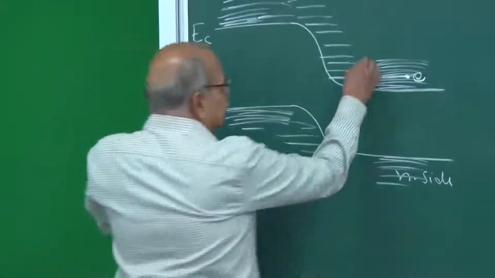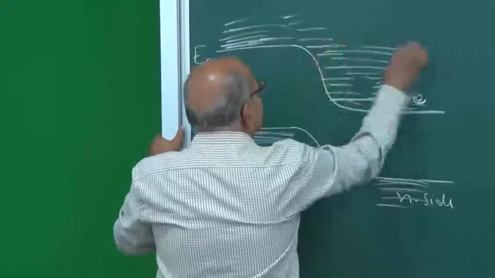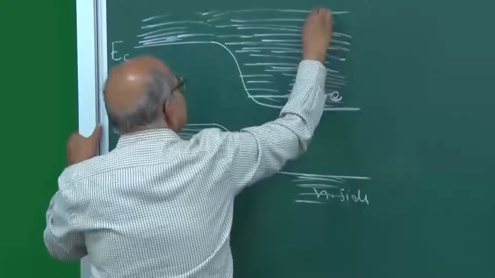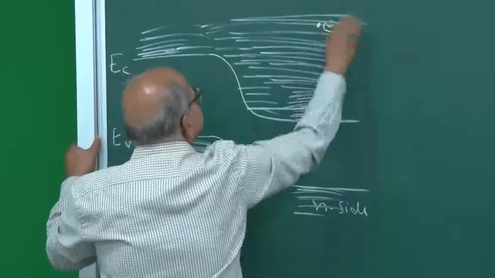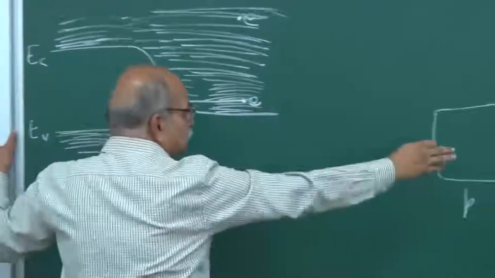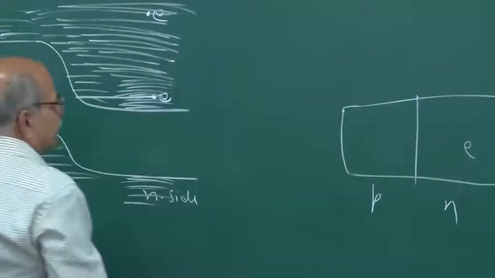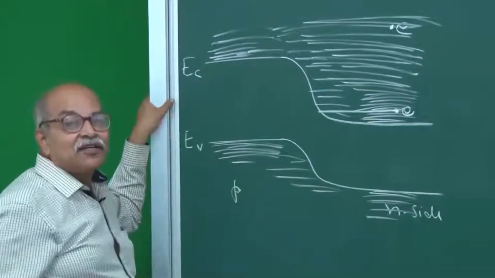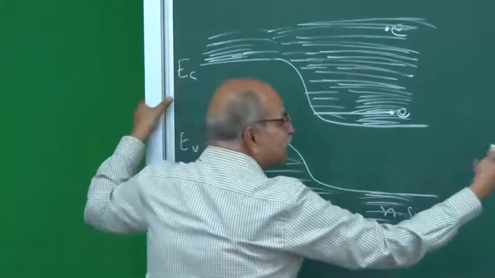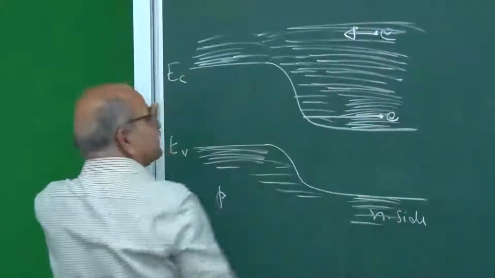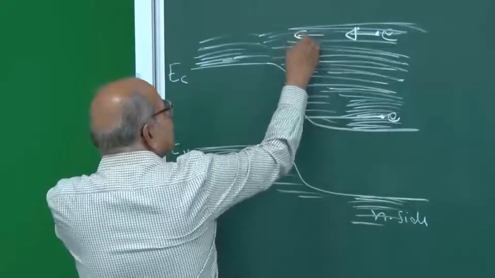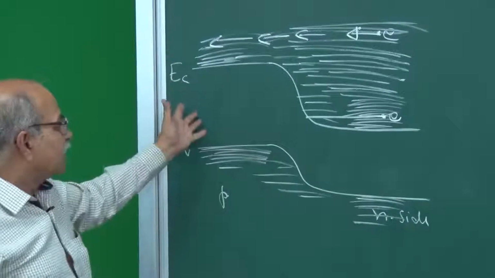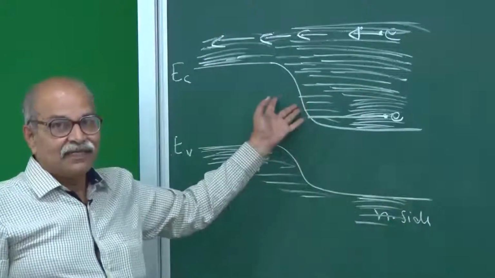But if you have an electron in this quantum state, again a conduction electron in the n side, but occupying a much higher quantum state, and it turns in this direction, then with that same energy it can completely go into the p side, it can cross the depletion layer.